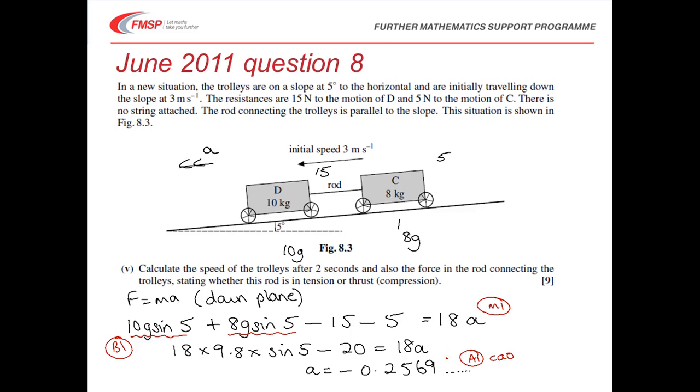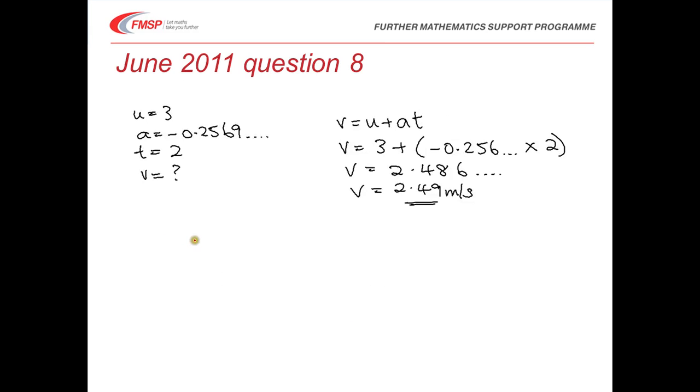So that's 3 marks so far. Moving on to the next slide, we did V equals U plus AT, so we get 1 mark for doing a correct Suvat equation, and a follow-through mark here. So if you got your acceleration incorrect, you could still get this mark.